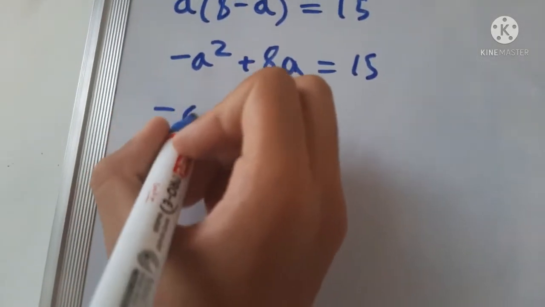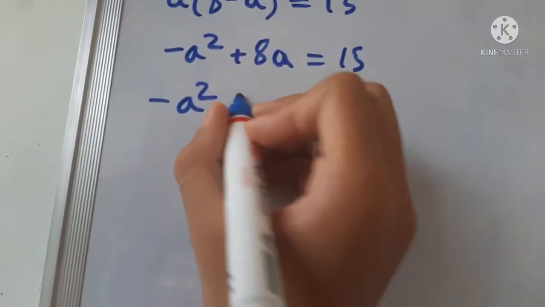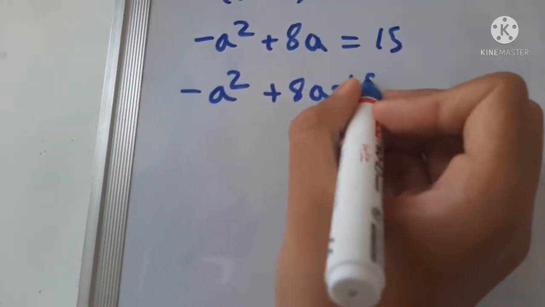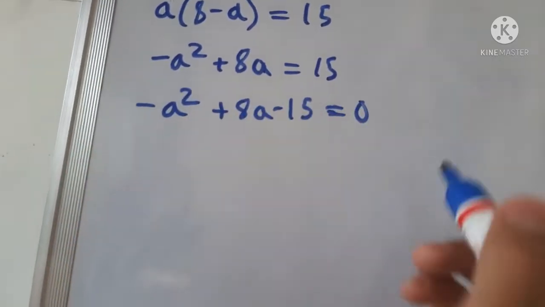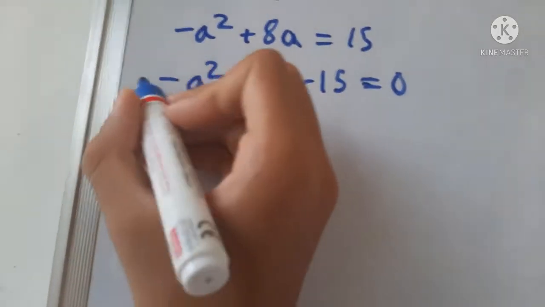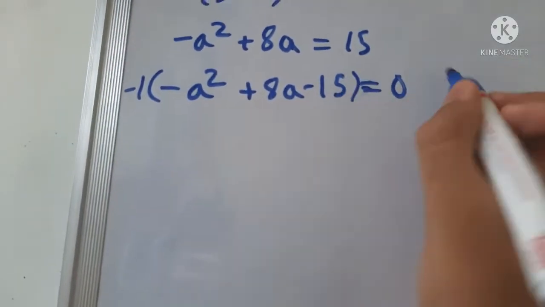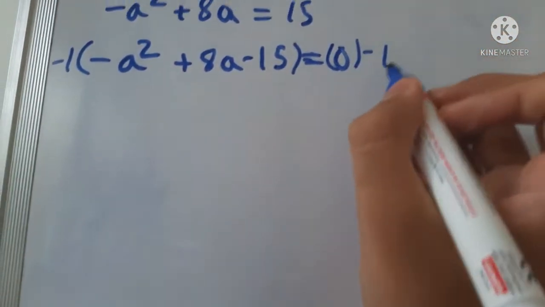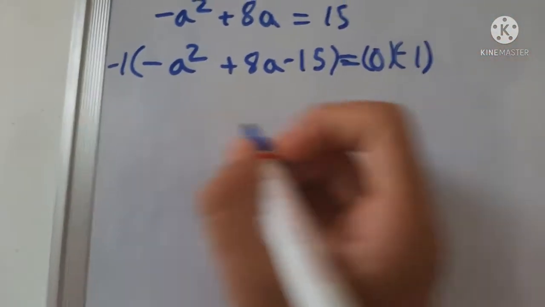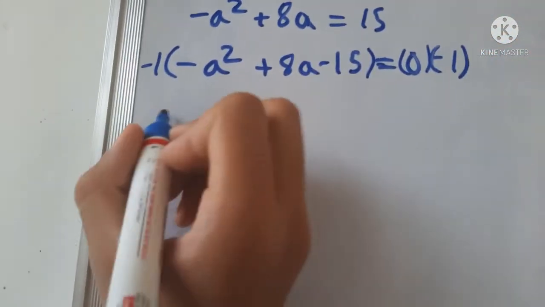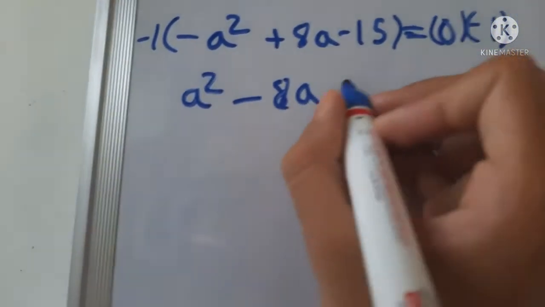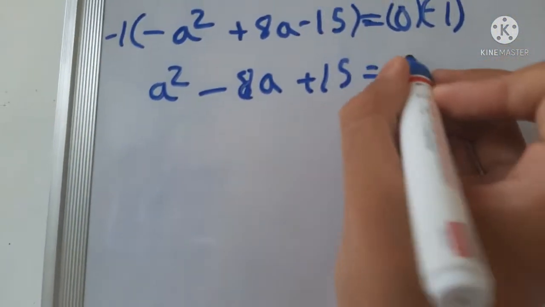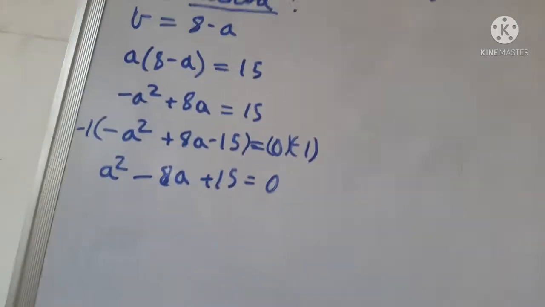Let's put this in standard form: minus a squared plus 8a minus 15 equals 0. Let's multiply both sides by minus 1, so we get a squared minus 8a plus 15, and this is still equal to 0.